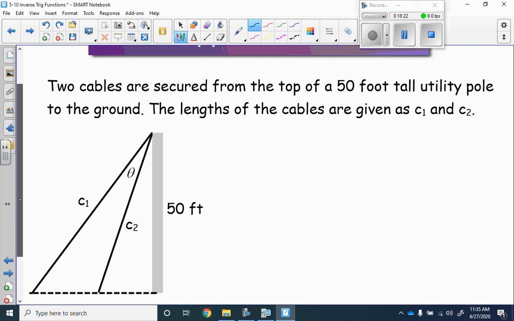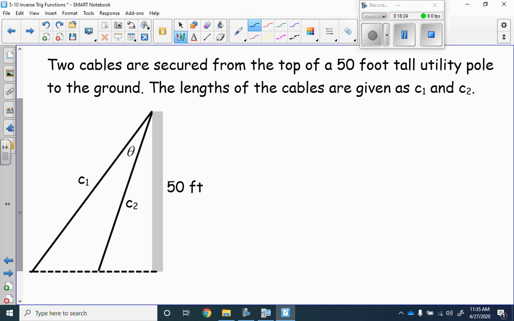Alright, here's an example. You've got two cables that are secured from the top of a 50-foot tall utility pole to the ground. The lengths of the cables are given as C1 and C2. We're going to try and see if we can find the formula for theta. Now, first of all, you've got to recognize that theta is between C1 and C2, and this is not a right triangle.